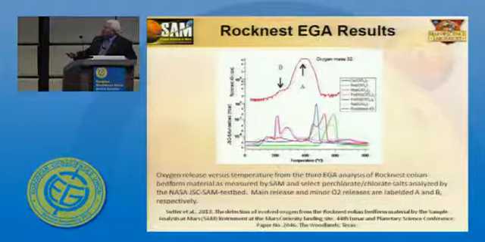But you can see that the oxygen that we observe at Rocknest is very wide. And if we compare with possible perchlorates that can explain that, the best match is for calcium perchlorate, which is in blue. There could be some magnesium perchlorate. This is the one that was observed at the Phoenix landing site. And there could be a small contribution due to some iron oxides or iron perchlorates.